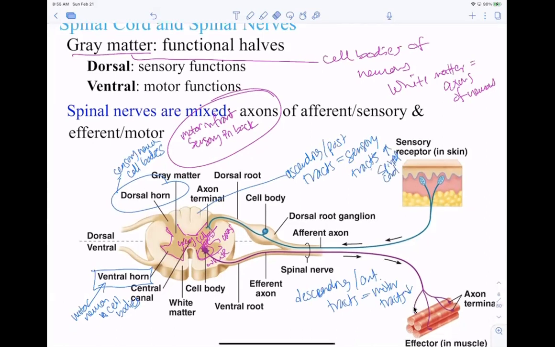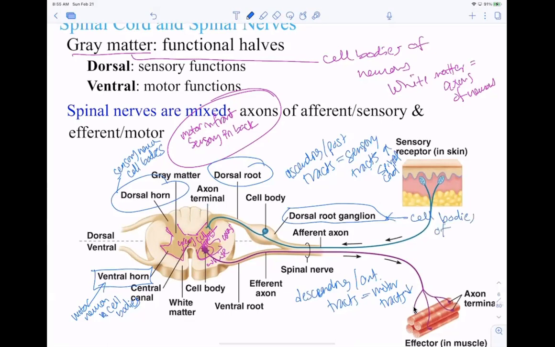And so kind of the setup is that you have sensory in the back. So dorsal root, that's going to be a sensory root, and the dorsal root ganglion are going to be the cell bodies of the afferent sensory neurons, because it's sensory in the back, so they're coming in.